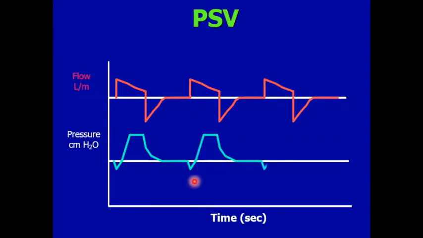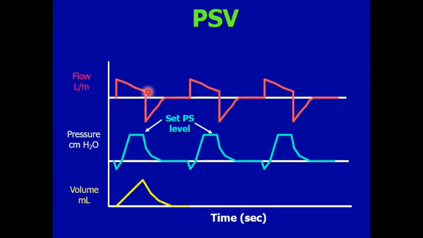One more thing, you should not get confused that before this flow time waveform touches the zero, the expiration is starting. You should not consider that it is an inadequate inspiratory time. It is not like that in case of pressure support ventilation. As I have told previously in the lecture on modes of mechanical ventilation part 1, in pressure support ventilation, when does the cycling occur?